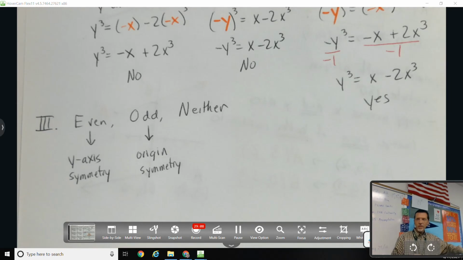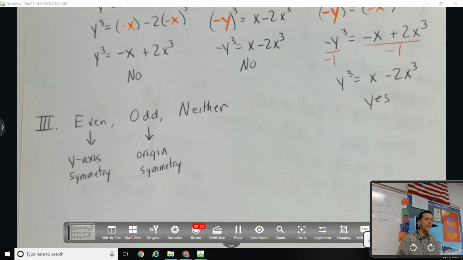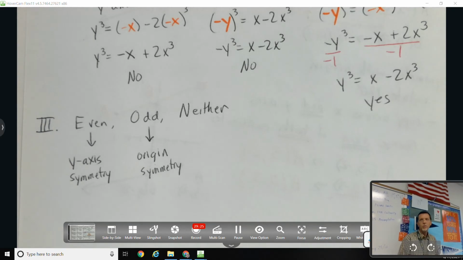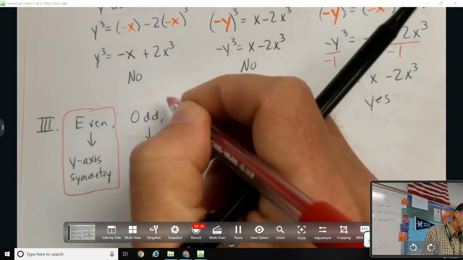And neither doesn't mean it has x-axis symmetry. It just means it's neither even nor odd. So these are words that we use for concepts that we already know. It's sort of like average rate of change is the same thing as slope. Even is the same thing as y-axis symmetry. Odd is the same thing as origin symmetry. So there are no new processes to learn. It's just new words to tie together here.